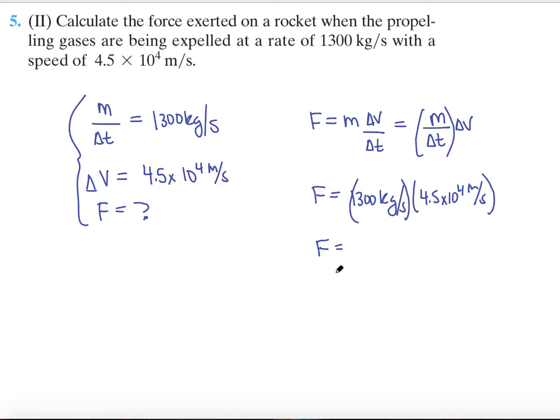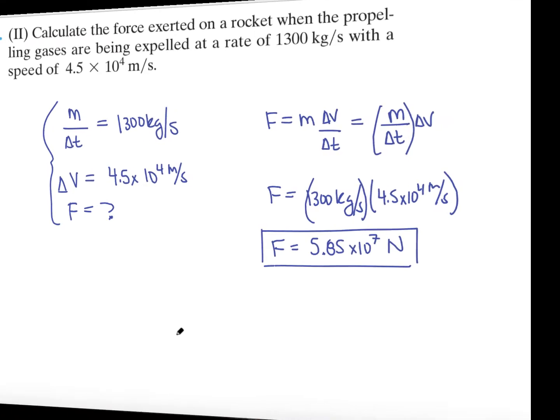So plugging this into our calculator, we get a force of, it's a large number, so I'm going to use scientific notation. So it's 5.85 times 10 raised to the, I believe, 7th power, and this is in newtons. So this would be the thrust of a rocket if you were looking at this from a force standpoint.